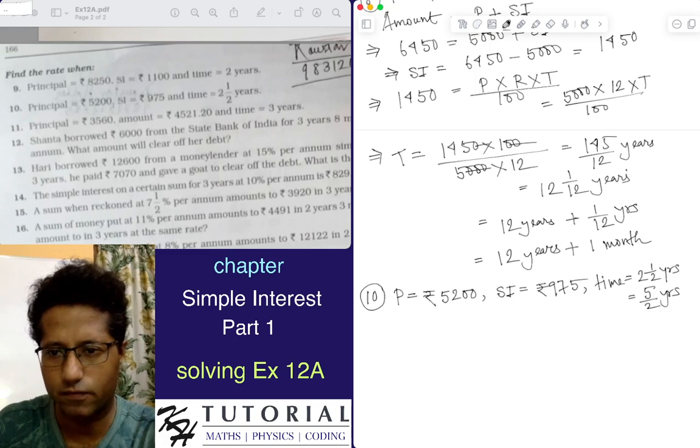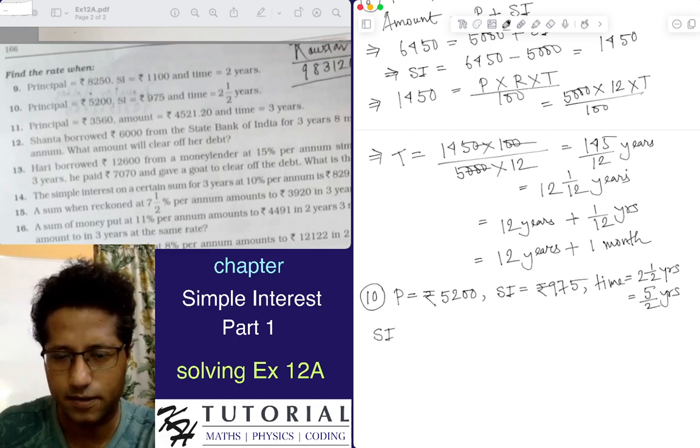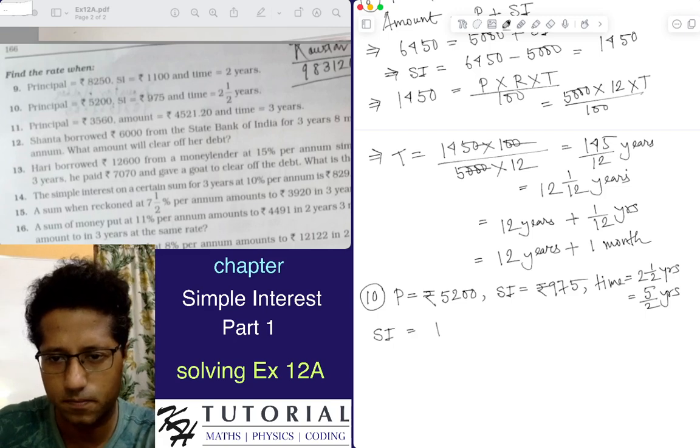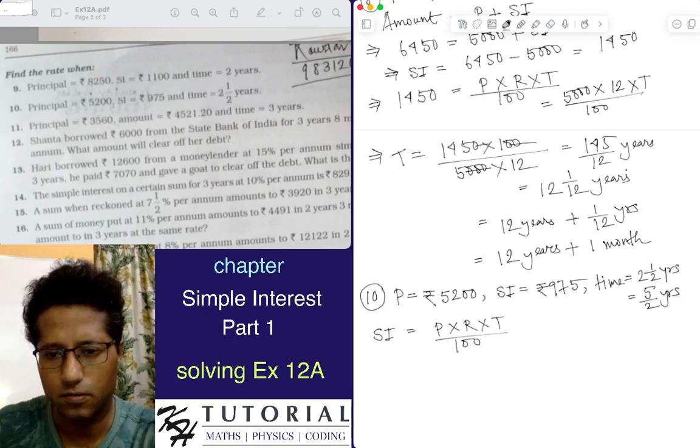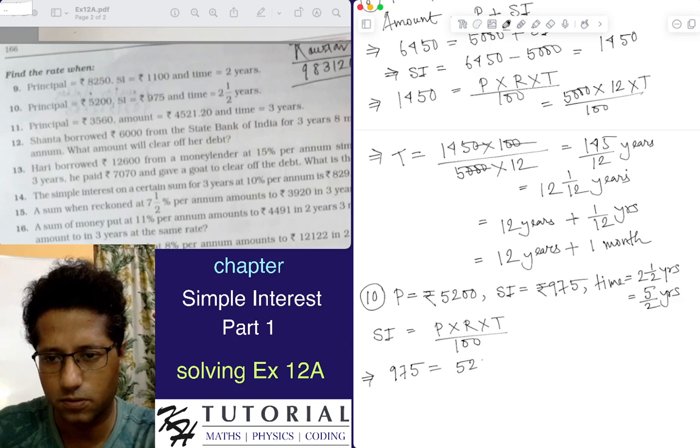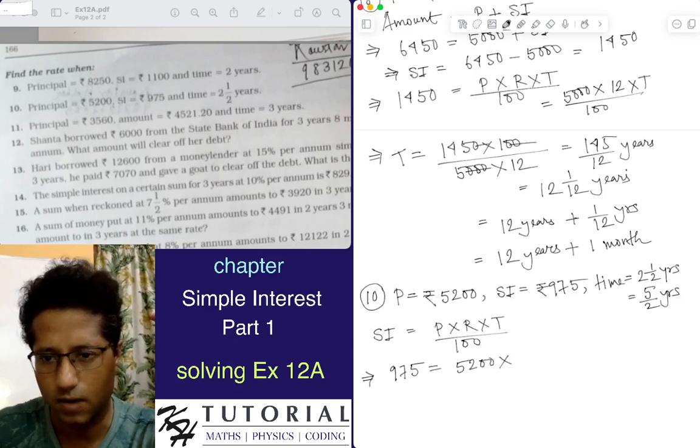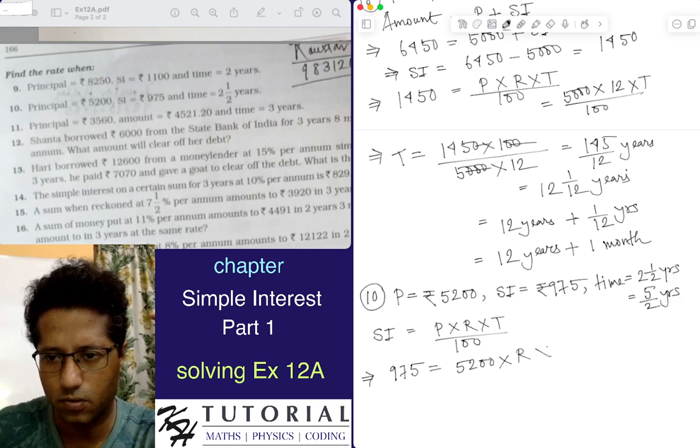Now we have to find the rate. Always start from the standard basic formula, SI equals P into R into T divided by 100. Now this implies SI we know, 975 equals P we know, 5200, R we have to find, T we know as 5 by 2, divided by 100.